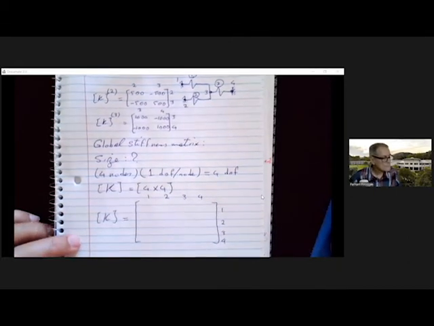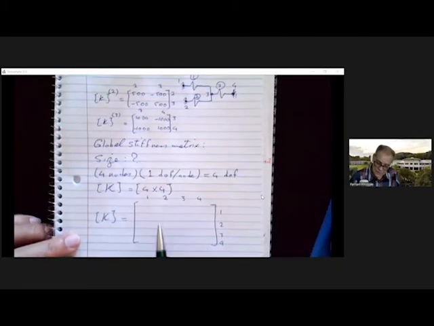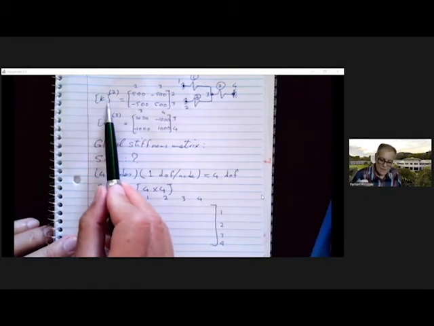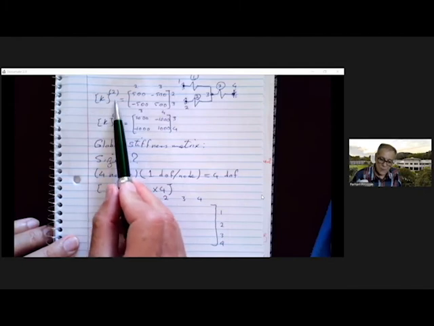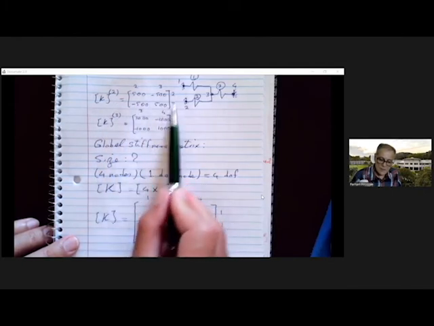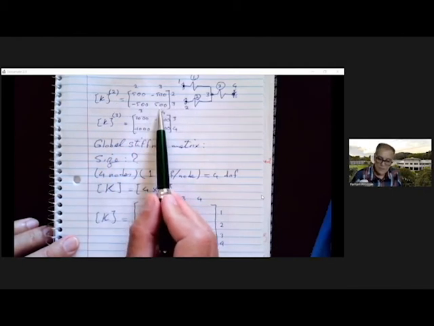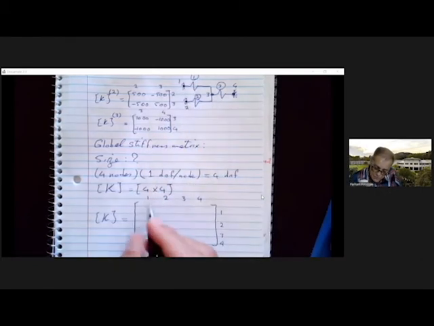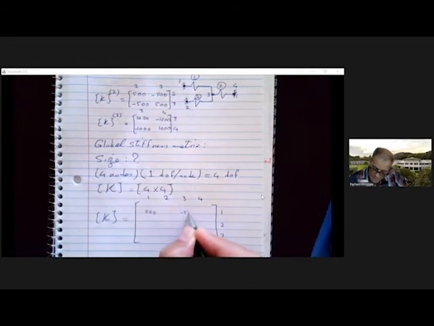Now, time to plug each of these in the right spot. I didn't write it down for node 1. Node 1, we said, is very similar to this one. It goes from node 1 to 3. So this goes 1 and 3, 1 and 3. So this 500, negative 500 comes here.